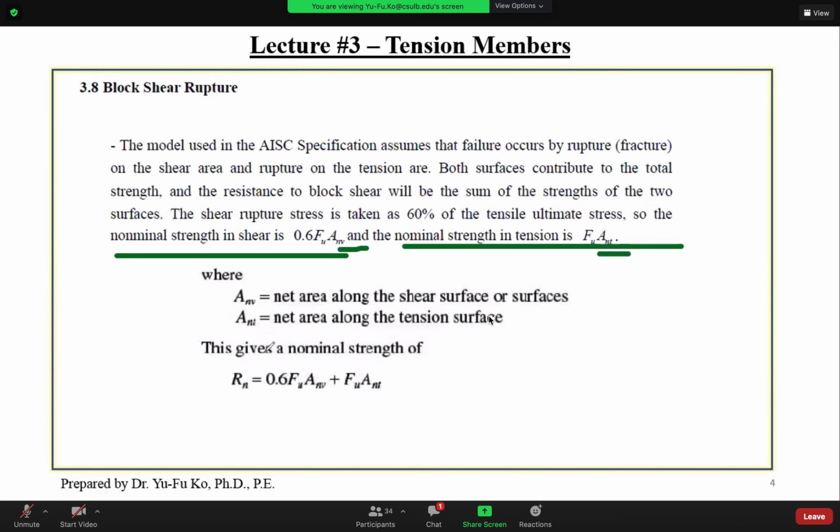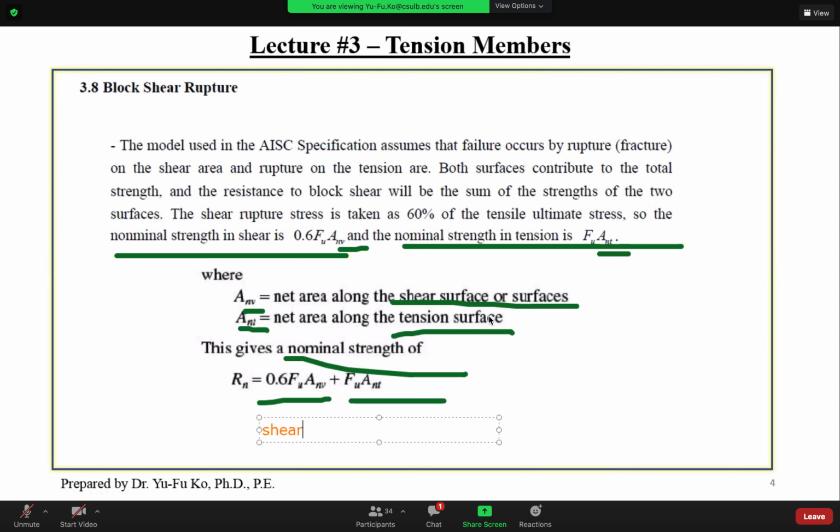Do not confuse them. Okay. So this will give you the nominal strength of block shear as a combination. Combination of what? Shear plus tension strength. So the first term here is the shear.